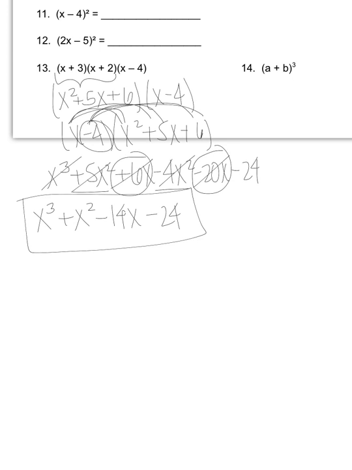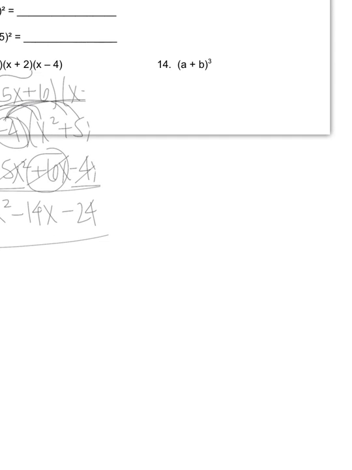Okay, so let's take a look at 14. I'm going to erase this part here so I have more room. There we go. Notice on this one, we have a plus b and it's cubed. When we talked about squared, we were multiplying it by itself.